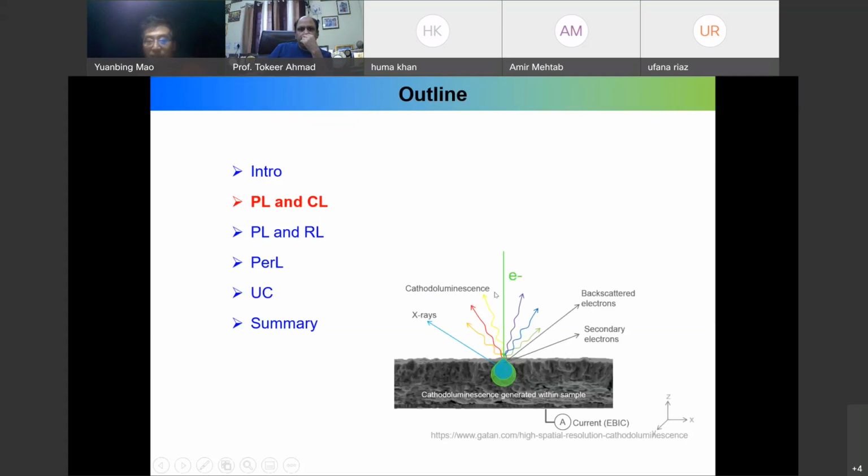Again, for luminescence you use the electron e-beam, and then we can take the luminescence. A lot of times the luminescence is combined with an electron microscope, so that way it can give high resolution as well, right? It can be combined with a scanning electron microscope or transmission electron microscope. And this is something we are familiar with, right?